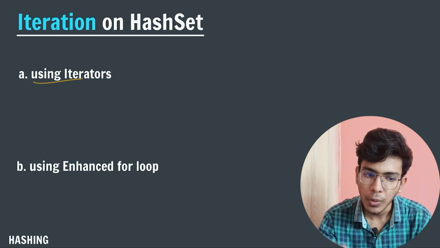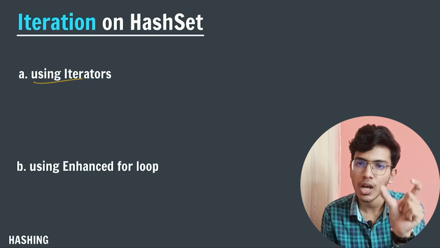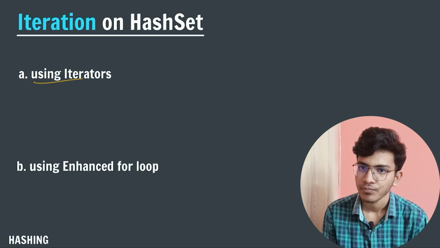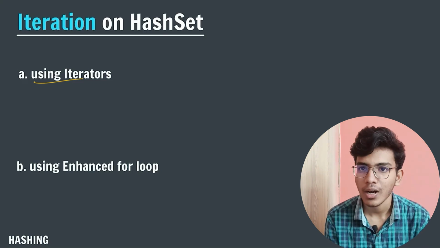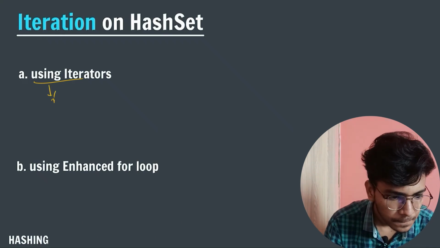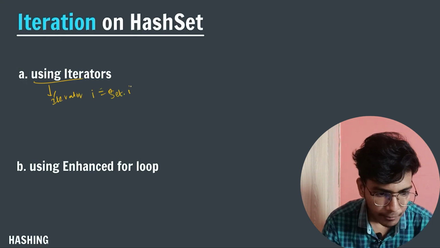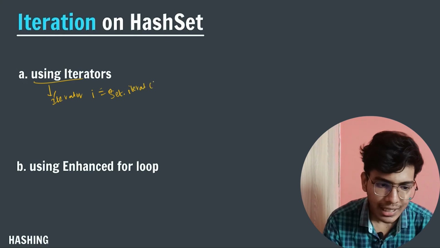So to perform a general loop in my hash set, I need to create an object of a class called Iterator. So I will write Iterator i equals set.iterator(). This function will create an iterator.